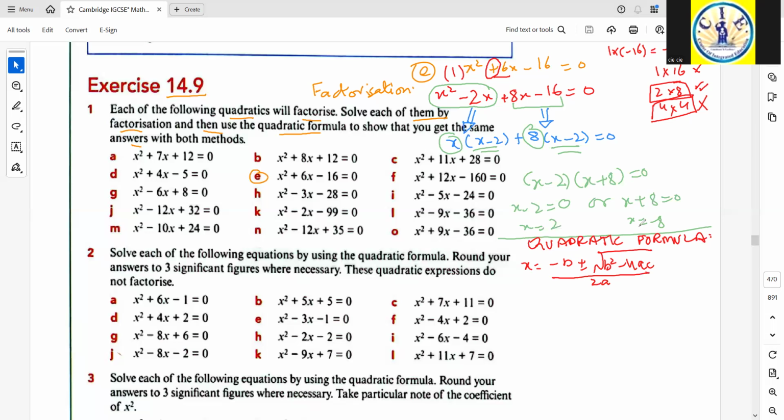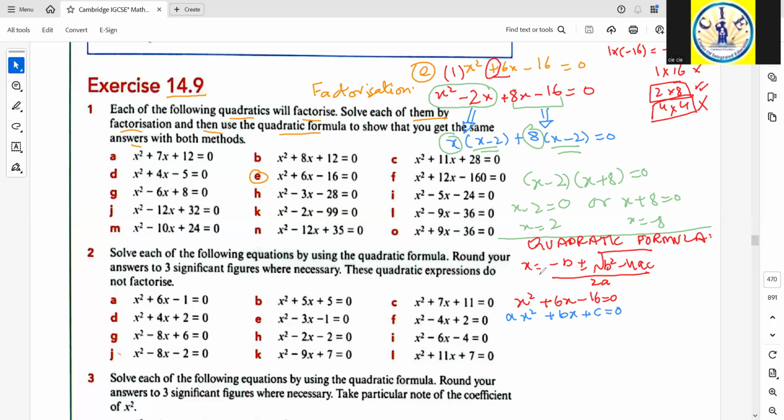Okay. Now, if you compare the given equation, that was x squared plus 6x minus 16 equals 0, with the general form of a quadratic equation, that is ax squared plus bx plus c equals 0.